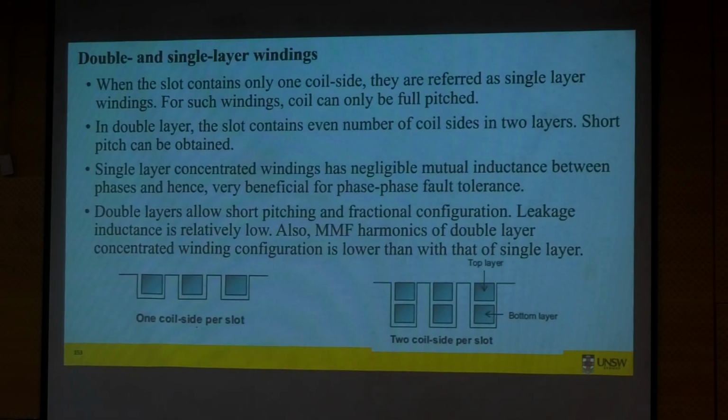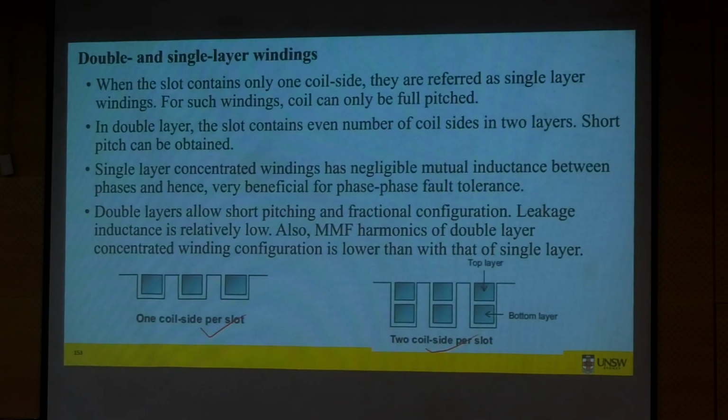So this is a single layer structure, which is compared here with a double layer structure. The advantage of single layer is, especially if it's a concentrated winding, there will be very, very little mutual inductance between phases.